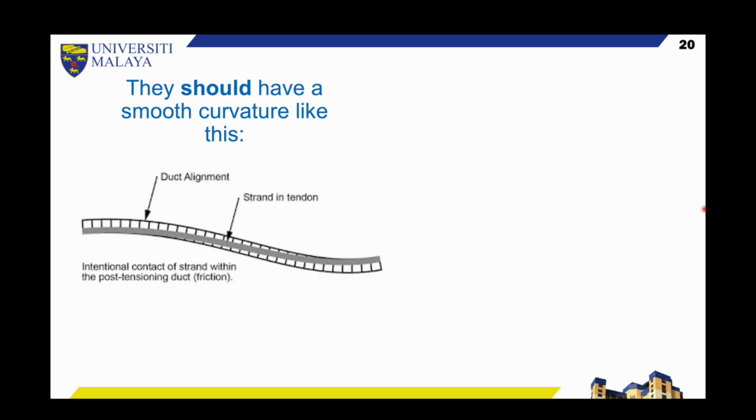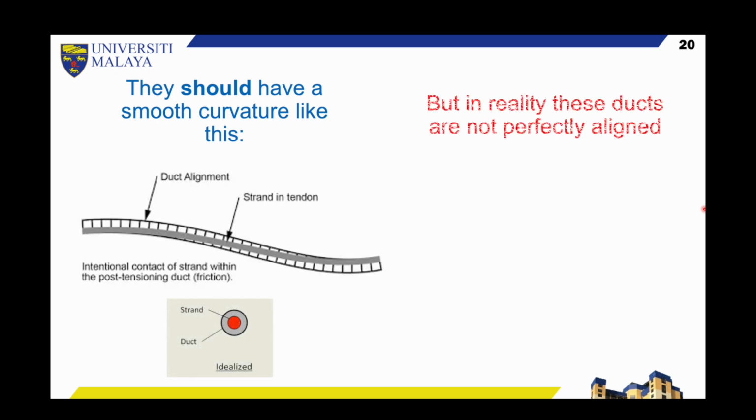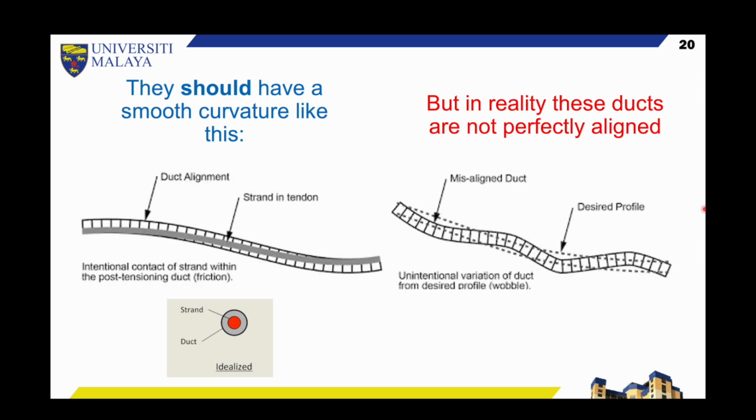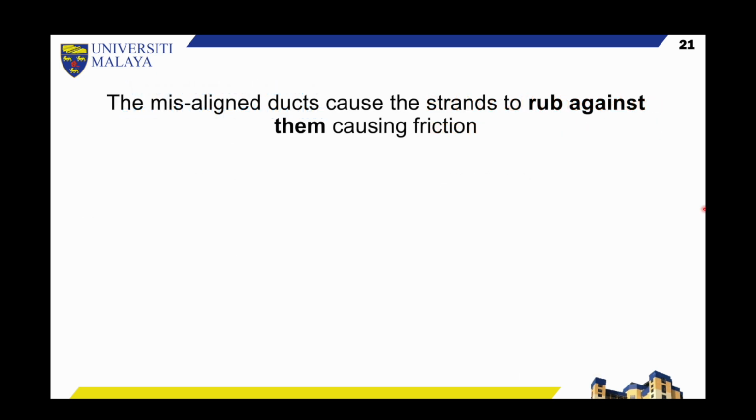In reality, they are not aligned and the strands will most often be touching the duct itself. It's very difficult to get a perfectly centered strand in a duct. So this misalignment causes some losses due to friction. There's some rubbing of the strand against the duct, which causes this friction.